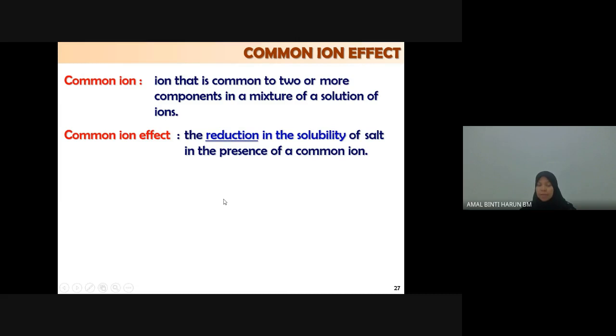So, back to the common ion. The salt we want to add goes into a solution, which is plain water, or another solution, which is salt water. If we add it to plain water, there is no common ion, because plain water is plain, there is nothing except H plus and OH minus.